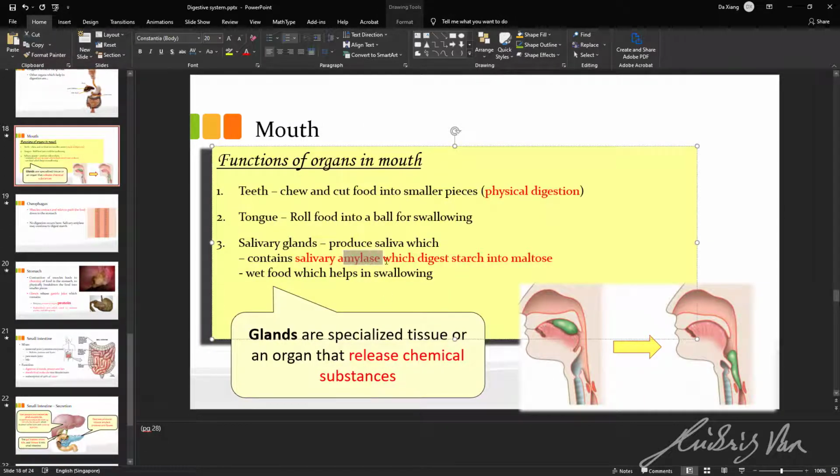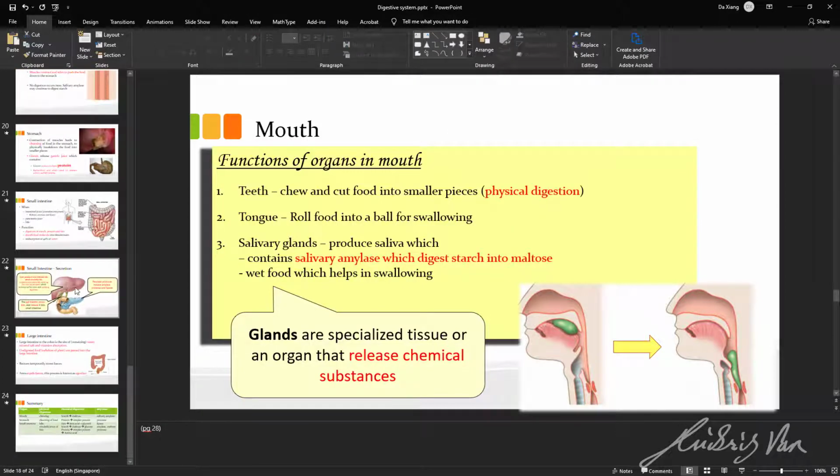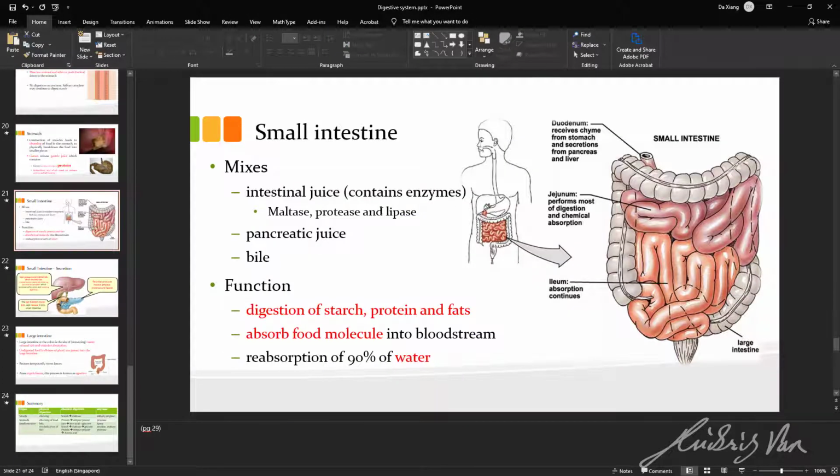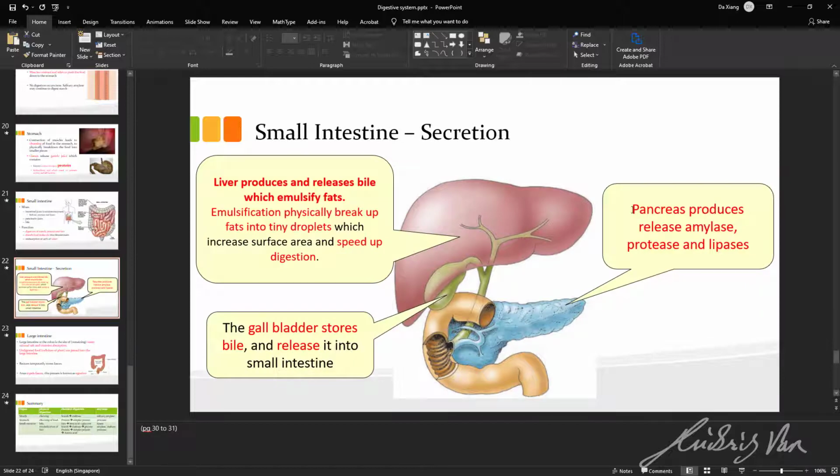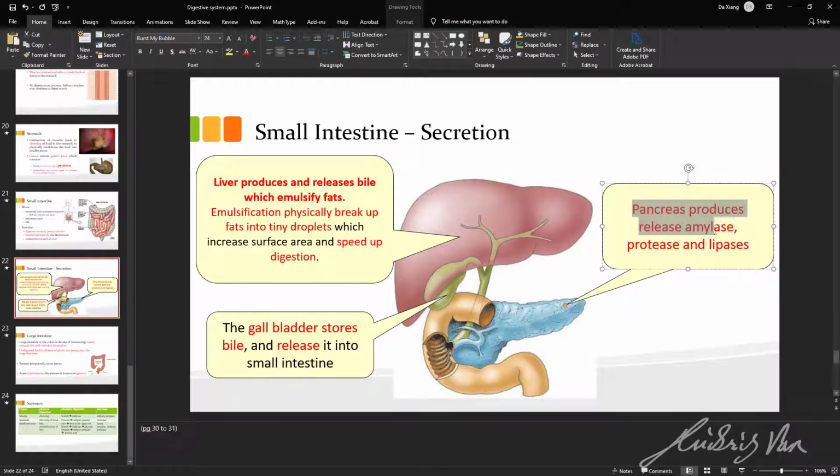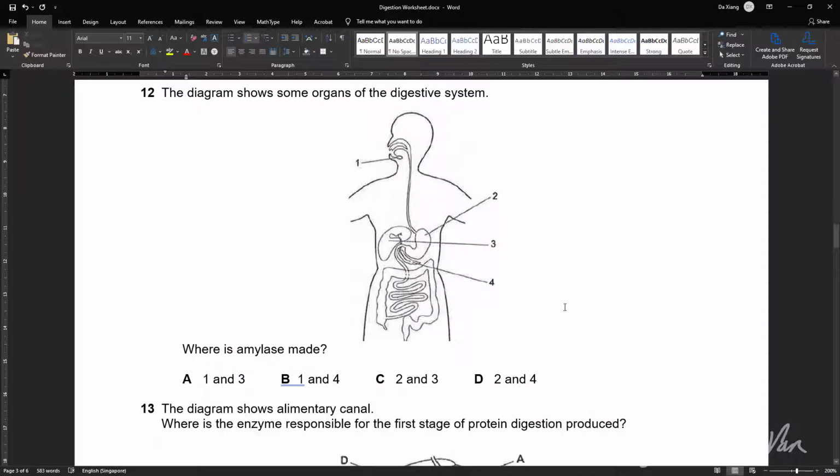Okay, it's made in the mouth. Then if we scroll down to your small intestine, or rather your pancreas, the pancreas produces and releases amylase. So the answer is 1 and 4. So the answer is B.